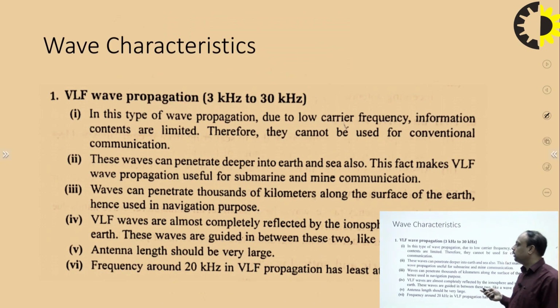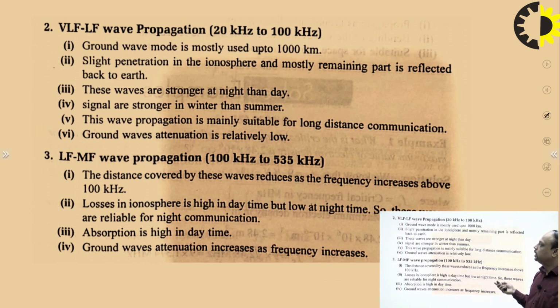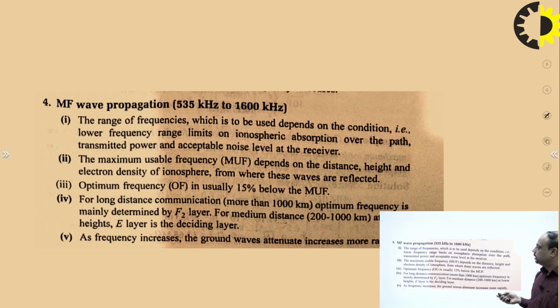These are the different wave characteristics, like very low frequency waves, like 3 kilohertz to 30 kilohertz. It is not reflected by the ionosphere. Then these waves are reflected by the ionosphere, and there are some properties, like it is used in ground wave propagation up to 1000 kilometer, and the medium waves are used up to 535 kilometer over here.